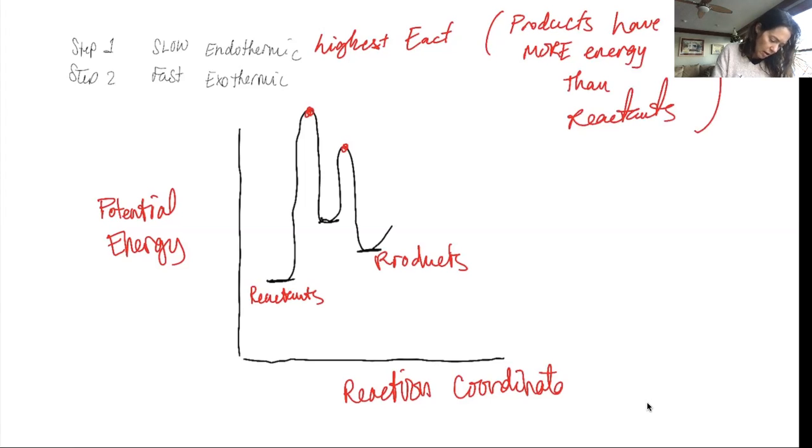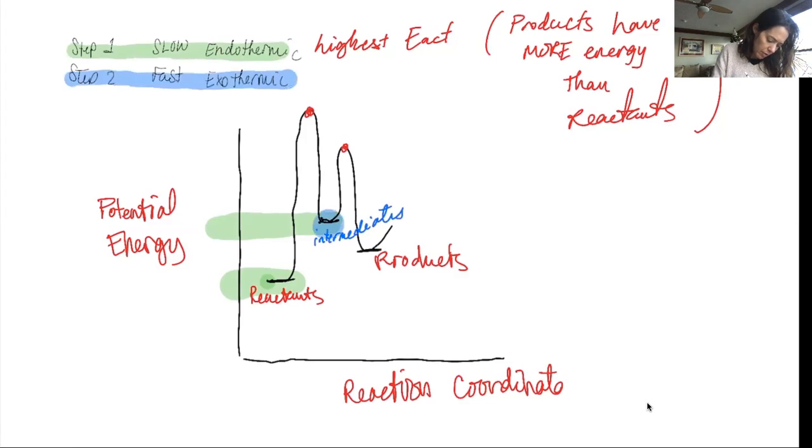Here's the first step is endothermic. Here's the reactants energy, and here's the products energy of the first step, right? The intermediate here is the product of the first step. All right, and then in the second step, it's exothermic.